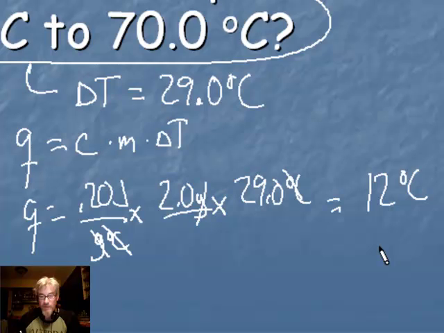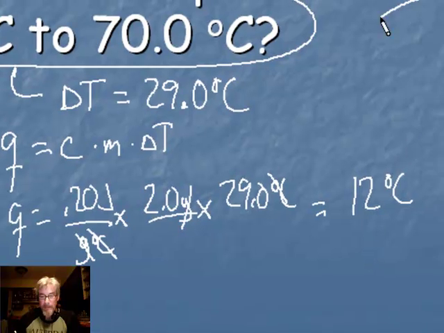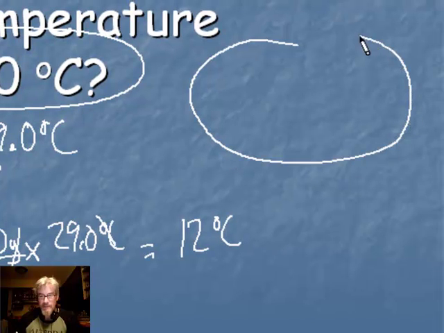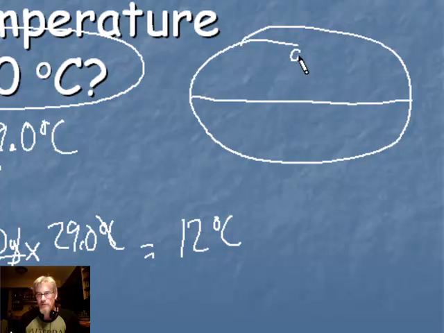Here's another way we could do this. This equation, if you're not comfortable with algebra, could be modeled this way. If we think about Q on the top, mass, specific heat, temperature change on the bottom, this makes a little device that if you cover up the value that you're trying to find, this little device tells you what to do with the remaining variables.